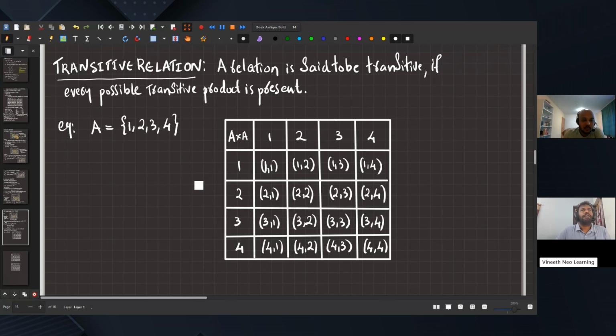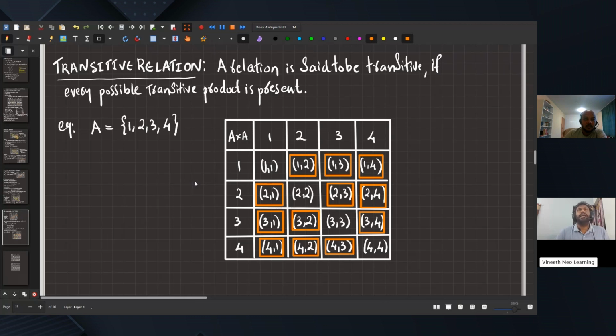1, 1 to 2, 1. Then okay, 2, 2. 3, 1 and 1, 3, then 3, 3, 4, 1 and 1, 4, 3, 2 and 2, 3, then 4, 4 to 4, 3, 3, 4, 4, 2 and 2, 4.